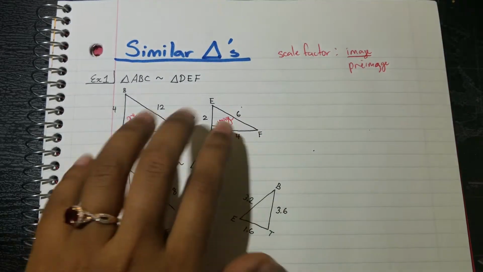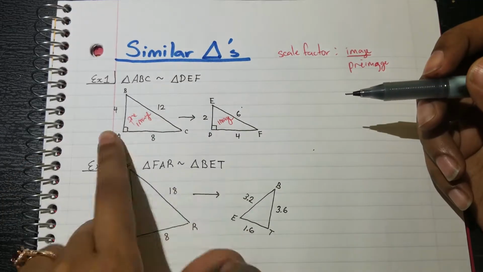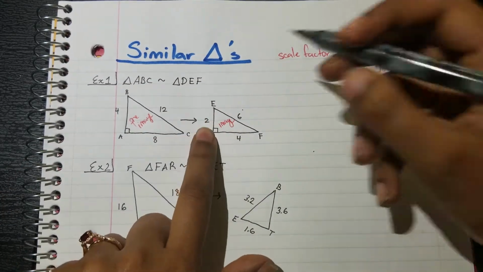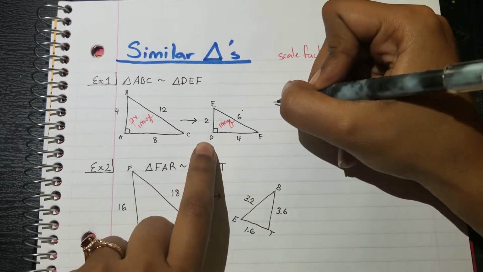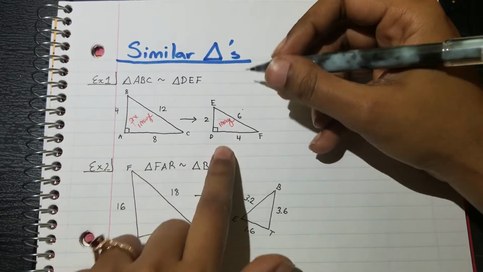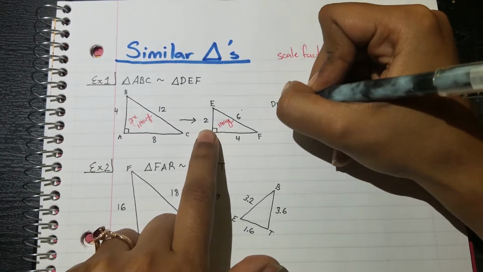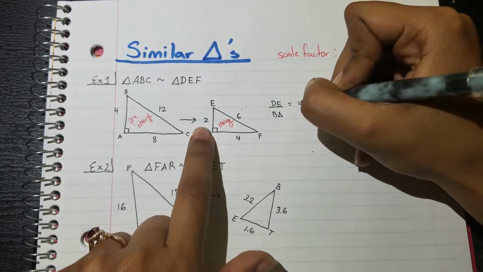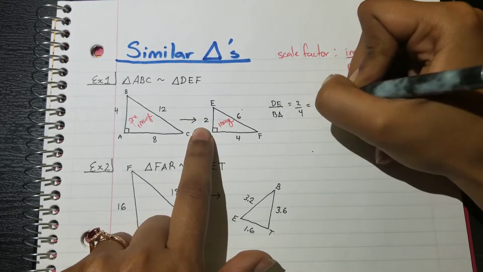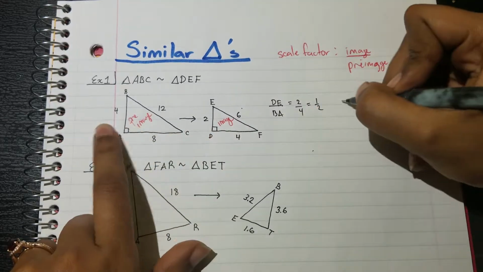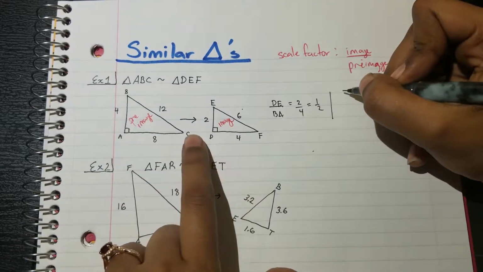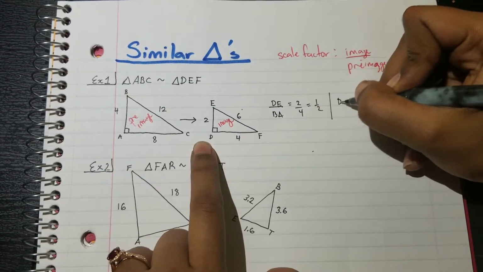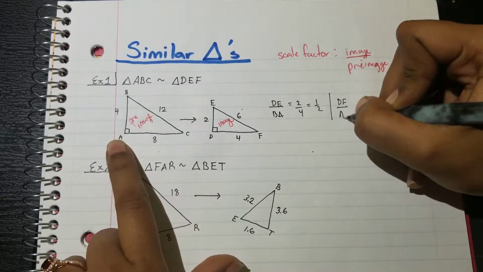So if I want to verify that these two triangles are similar, I can do side DE over AB, so DE divided by AB, and that's going to be 2 divided by 4, which is 1/2. I can also do side DF over AC.